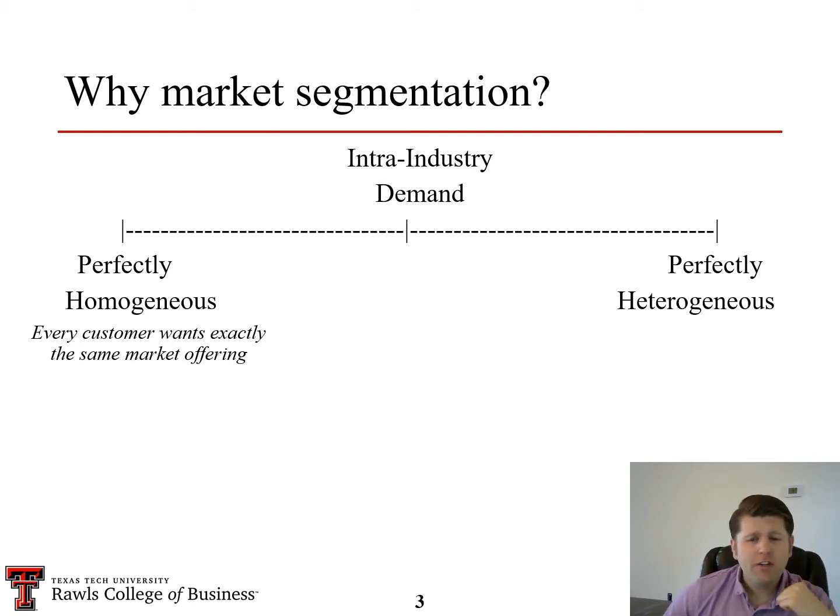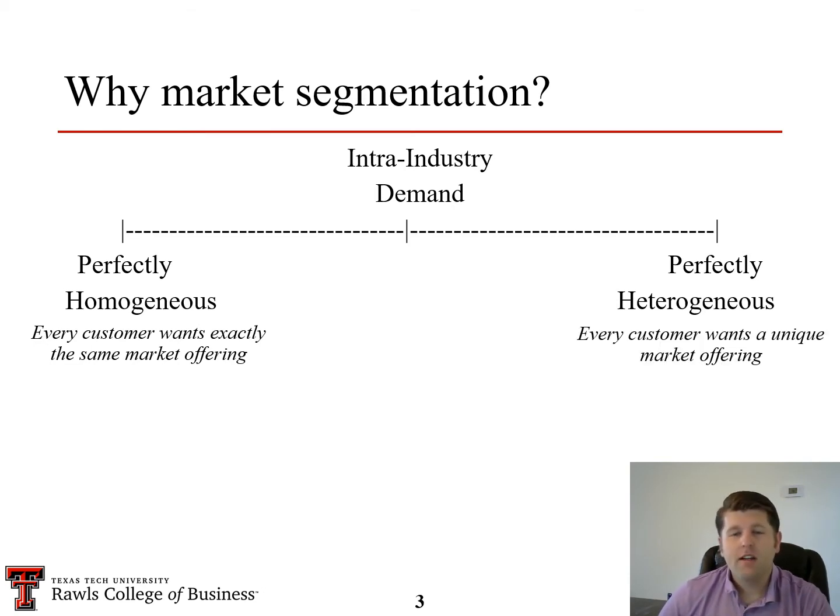So in the fast food industry, this would mean that all customers, they want burgers. That's it. Customers only want burgers, and they only want one type of burger. So you can imagine that this is just burgers, don't have any other type of fast food. All we have is burgers, and we have one type of burger. Well, that's not very common, right?